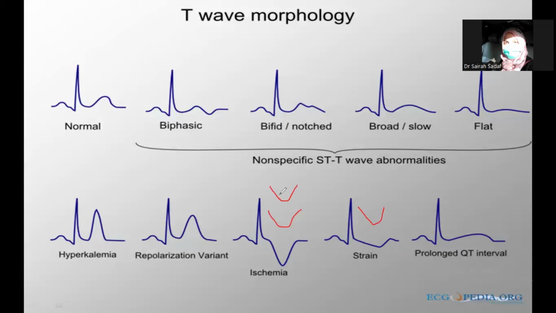But when we say it's a strain pattern, we will have an asymmetrical T wave inversion. Asymmetrical means both sides of the T wave will not be the same. One will be slopey, the other will be rounded. It is different from this, as you can see. I cannot draw any better than this.